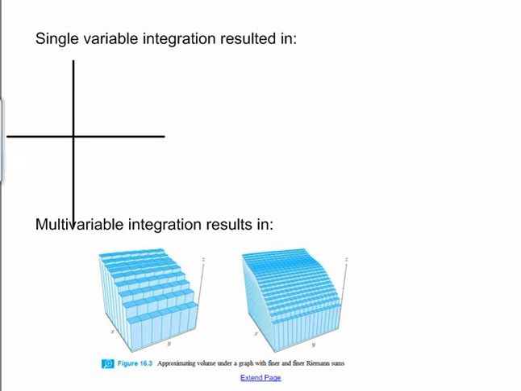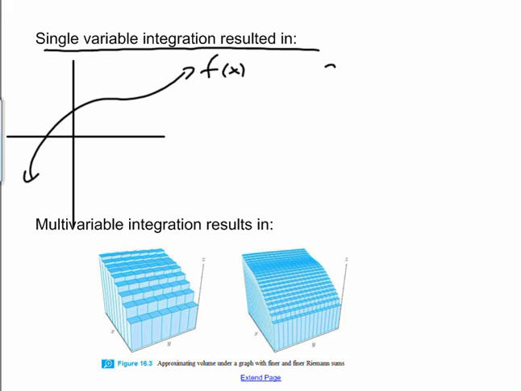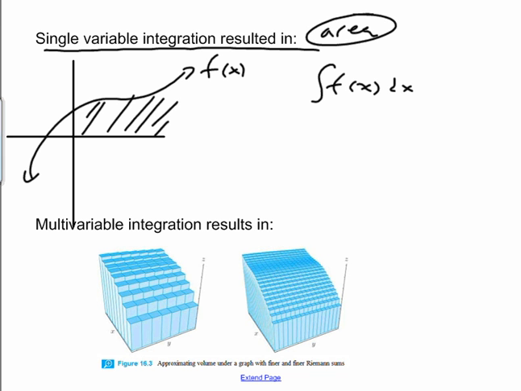Okay, so extending this idea a little bit further, single variable integration resulted in area. That was the geometric interpretation of single variable integration.